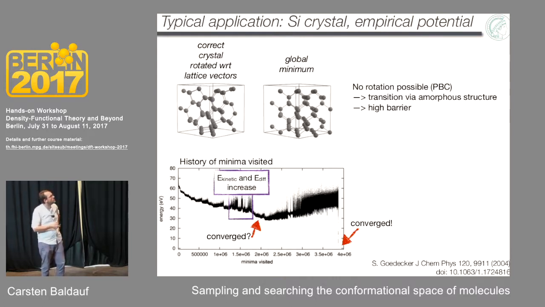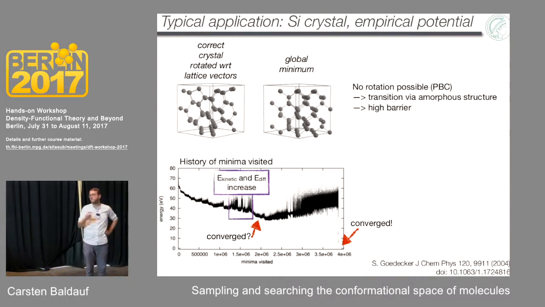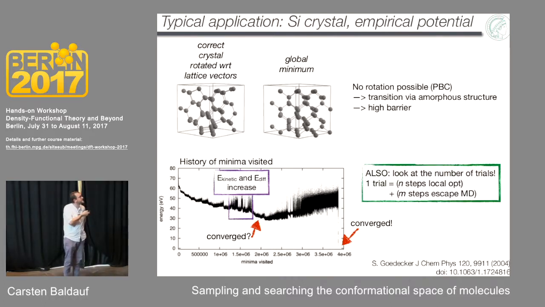And there you see also one of the big problems of at least this implementation when you would like to use it, for example, with a DFT calculation. The problem is that each of these trials contains a certain number of steps of local optimization, into the next minimum as a start, and then for the escape part, you again do multiple steps of MD simulations. And these are already millions here.